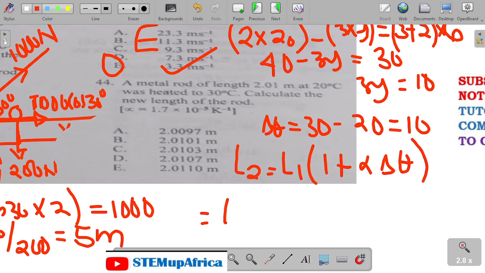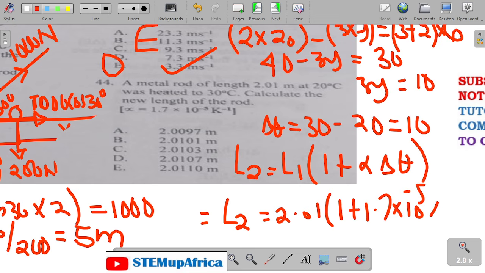So L2 is 2.01 into 1 plus 1.7 times 10 to the minus 5 times 10. Multiplying, adding to 1, then times 2.01, from a calculator I'm going to have 2.0103. It's option C. 44 is C.